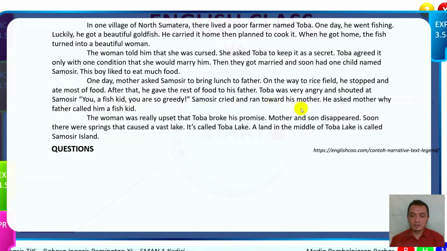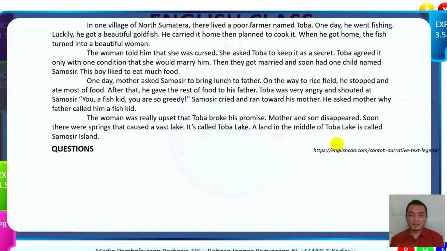Samosir cried and ran toward his mother. He asked why father called him a fish kid. The woman was really upset that Toba broke his promise. Mother and son disappeared. Soon there were springs that formed a vast lake. It's called Toba Lake. The land in the middle of Toba Lake is called Samosir Island.